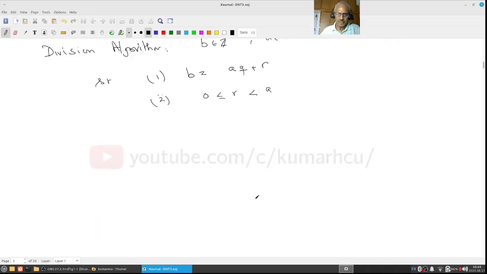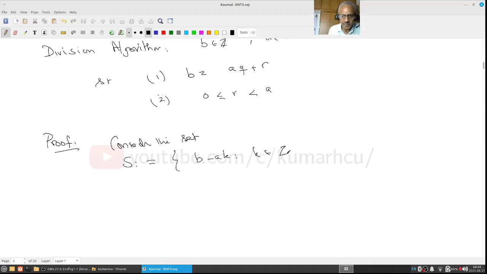Now we already proved it and motivated the proof, but let's see how you will find it in a textbook. So consider the set. All these things will look mysterious, but we understood what it was yesterday. S is the set of b minus ak, where k is in Z. Notice that this is not empty because b belongs to this with k equal to 0.